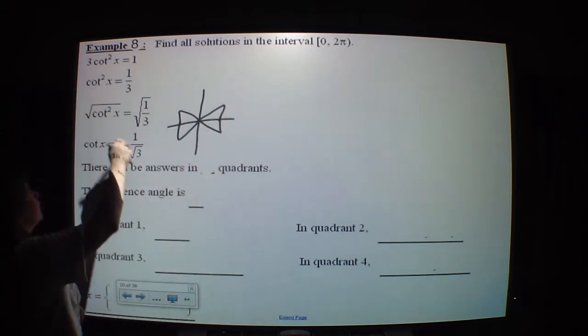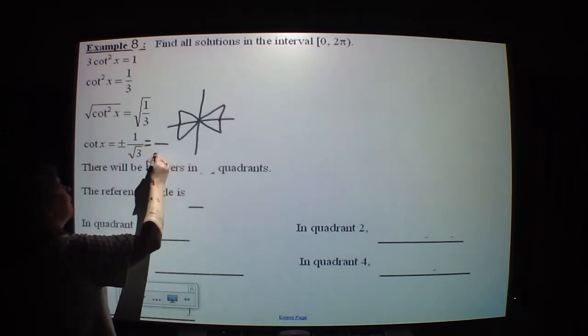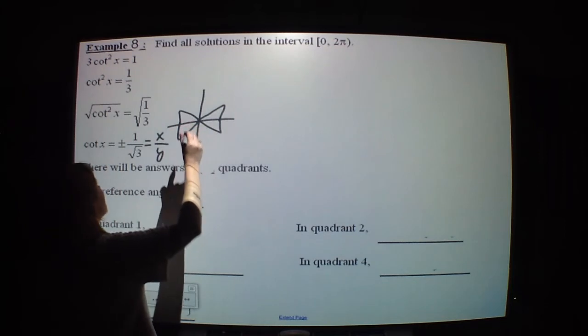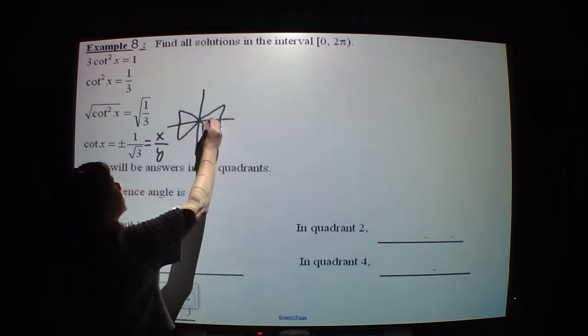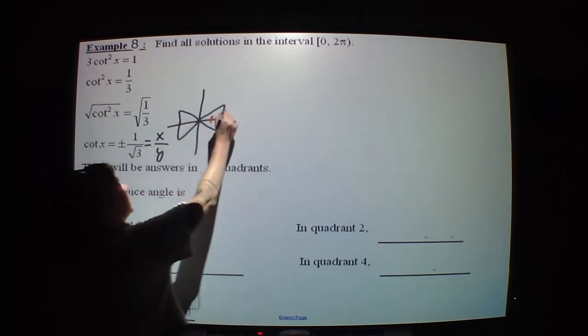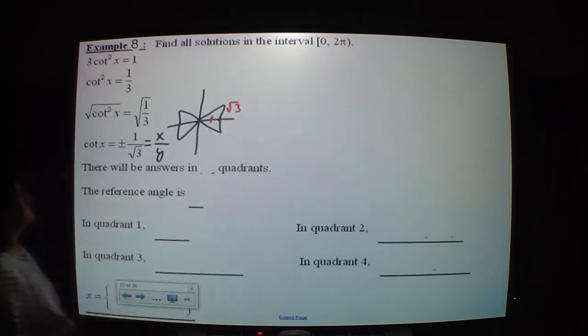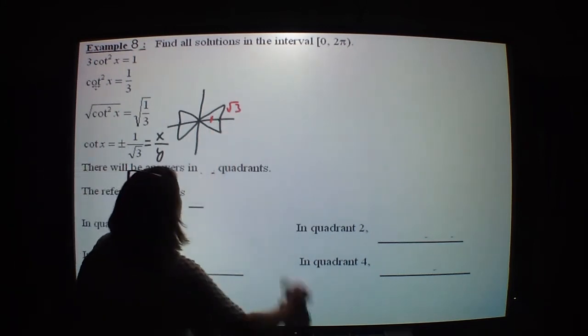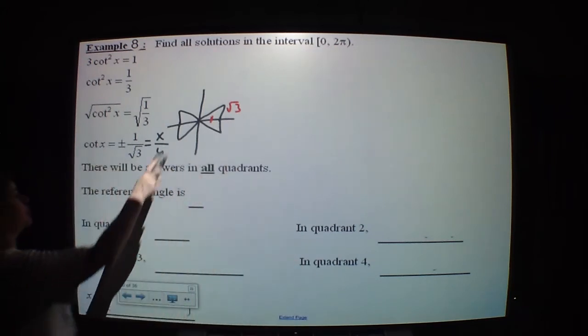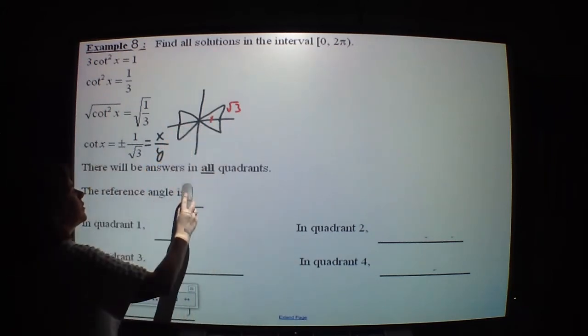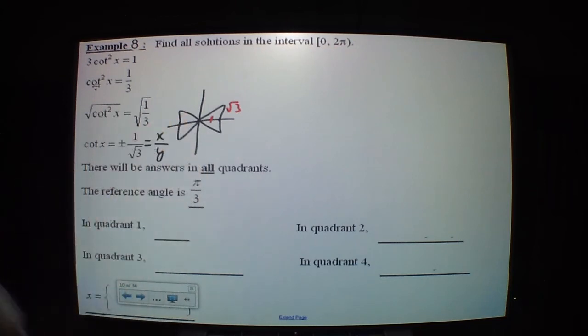Okay? Cotangent is adjacent side. So my adjacent side is 1. My opposite side is radical 3. So I'm in all quadrants. My reference angle is 60° or pi over 3.